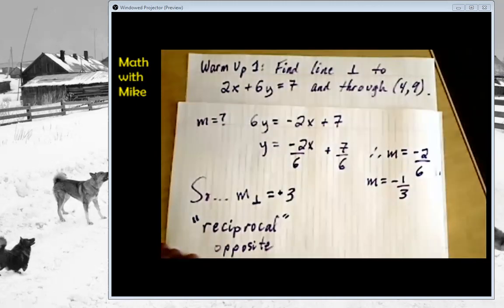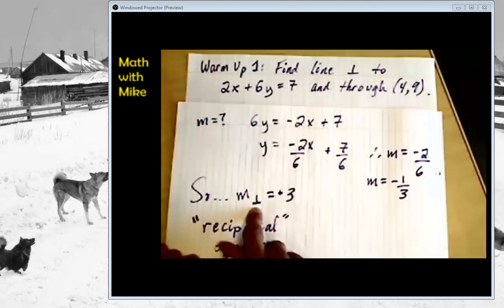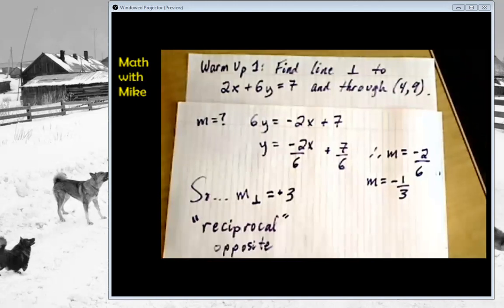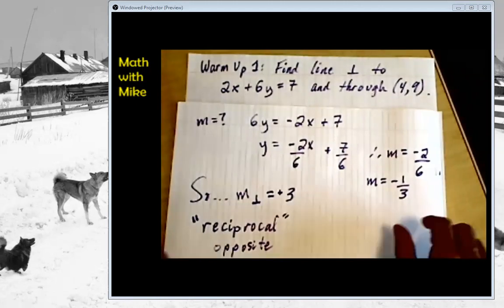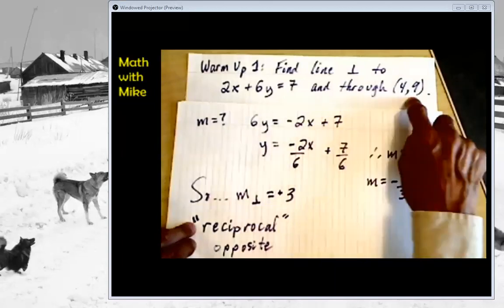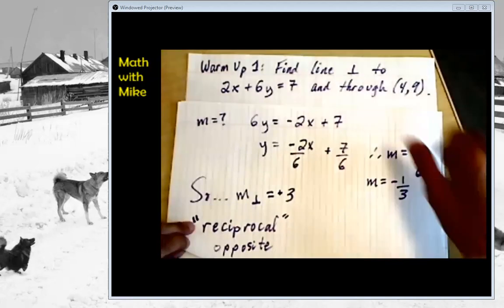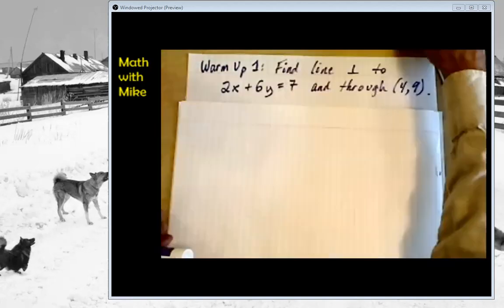That is the slope of our perpendicular line. Okay, so from this and with the point that we have, we can get the slope point form right away. That's the nice one.